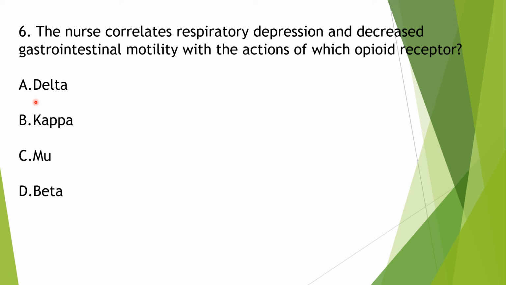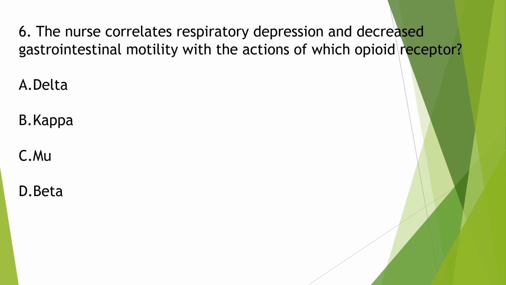Next, kappa receptors are located in the brain, spinal cord and peripheral nerves. They result in analgesia, sedation, miosis and dysphoria. So here also it is not related to gastrointestinal motility. The mu receptors are located in the brain, spinal cord, peripheral nerves and gastrointestinal tract.